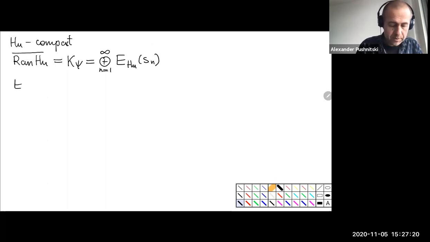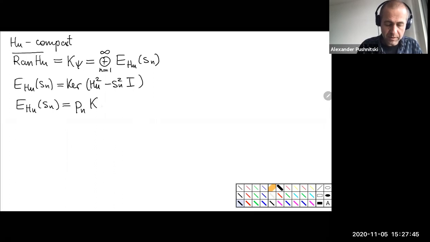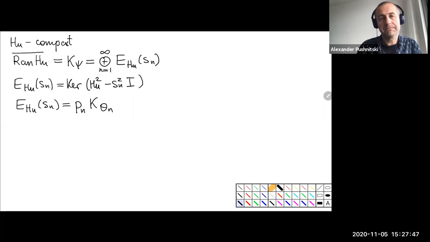Each of them is the kernel of this. And by the theorem that we proved in these lectures, each of them can be represented as P_n K_{theta_n}.